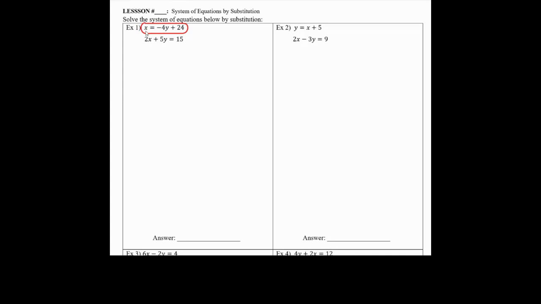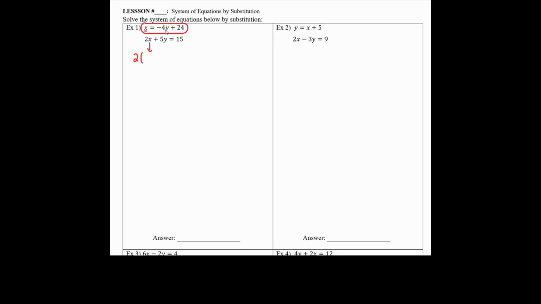Now, I look over here and I see the letter that is alone is X. So on the other equation, I'm going to put an arrow under the X. Now what I'm going to do is I'm going to copy the 2, and under the arrow, I'm going to put parentheses, and I'm going to write what's over here.